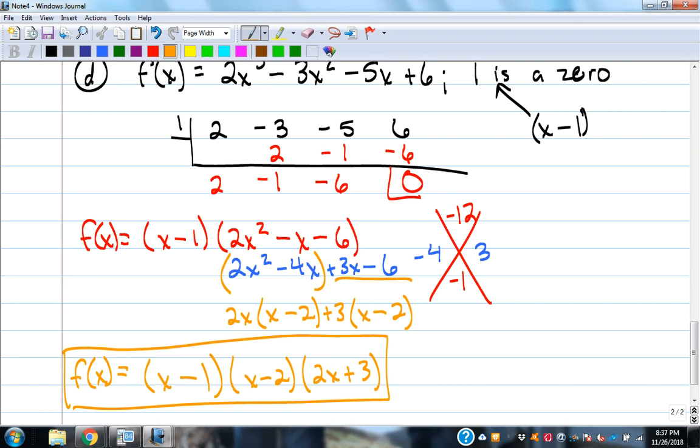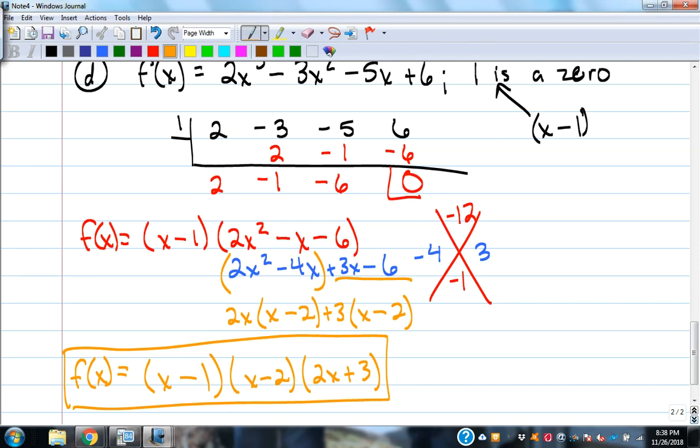Now, the next rung on the ladder to success here is finding the zeros, finding the x-intercepts for polynomials, given one of them to start with. Okay. So we're going to start with a polynomial, and I'm going to give you one of the zeros, and we're going to break it down from there, and we're going to find the rest of them using the skills that we already have for polynomials or quadratics, and that sort of stuff.